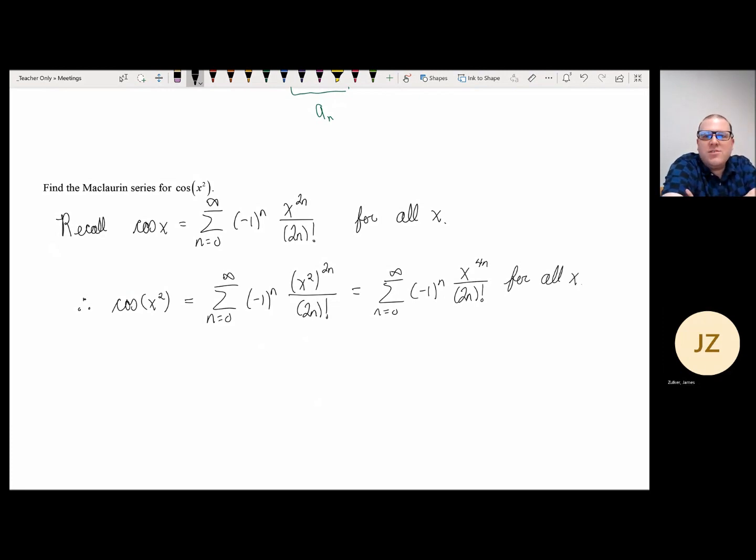And again, it's going to be for all x. And so that one wasn't too difficult because we already knew the series expansion for cosine.